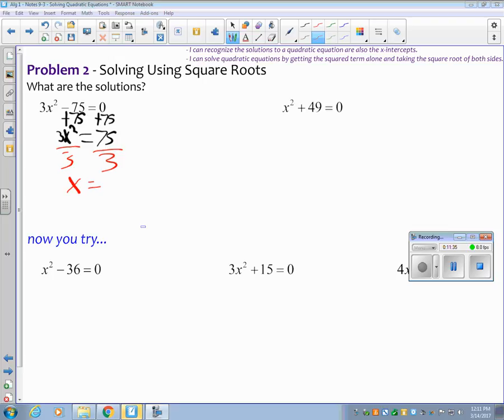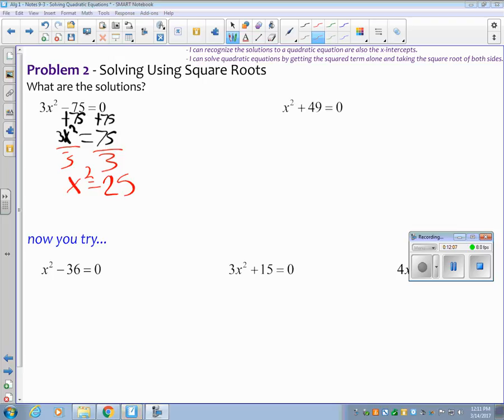When I have 3 of them, I have 75. And it's x squared equals 25. So put the squared on it. There you go. Okay. So, once we get to x squared equals 25, we're now in uncharted territory.